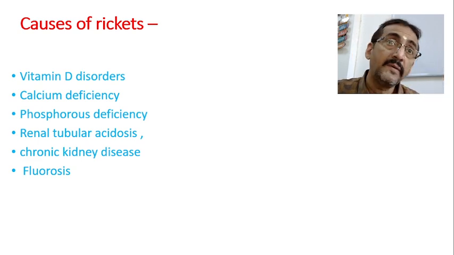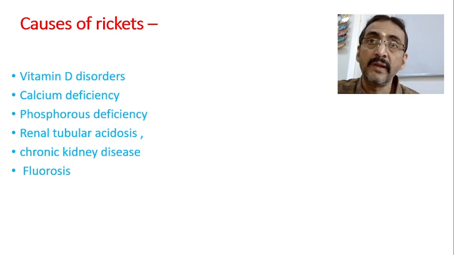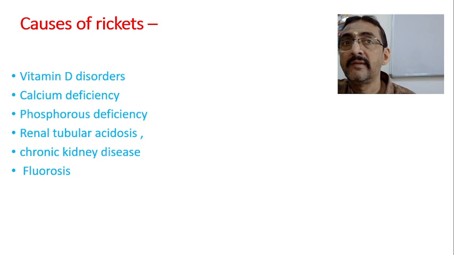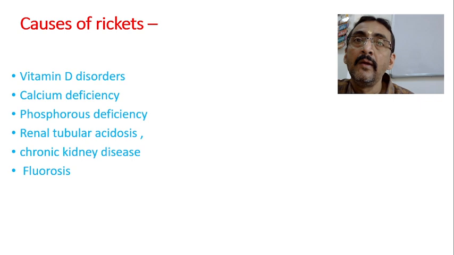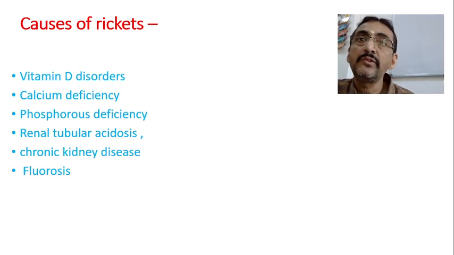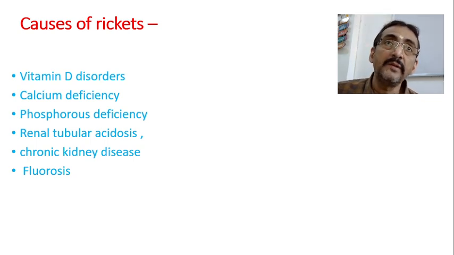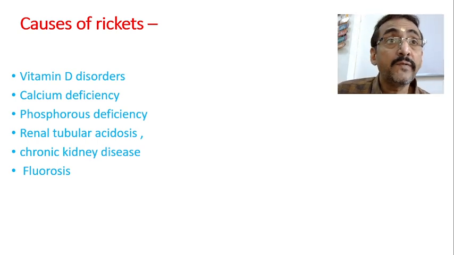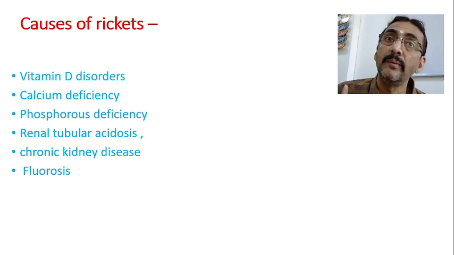Now, this type of rickets occurs because of a kidney problem: either there are some pathological changes in the kidney, or there is 1 alpha hydroxylase enzyme deficiency, or there may be some renal tubular disorders which lead to improper functioning of this procedure, leading to deficiency in the active form of vitamin D. You are taking sufficient vitamin D in the diet, you are also getting exposed to sunlight, and the storage form of vitamin D is formed in excess, no doubt.